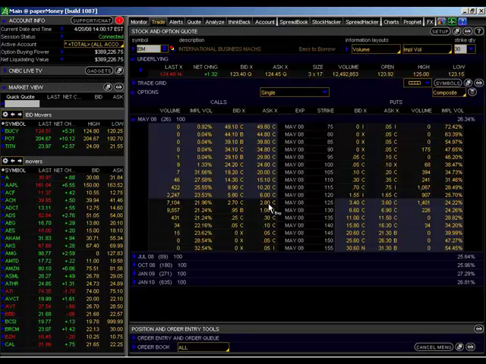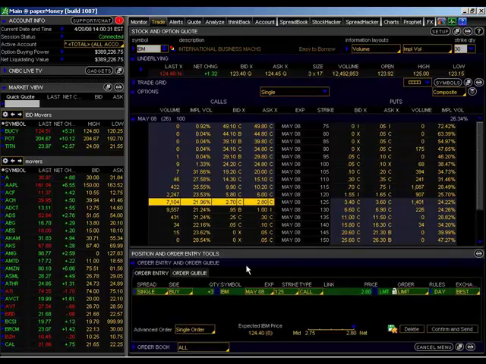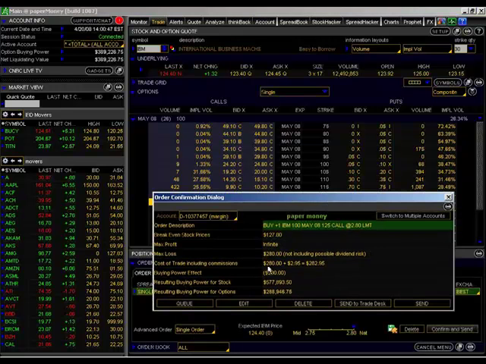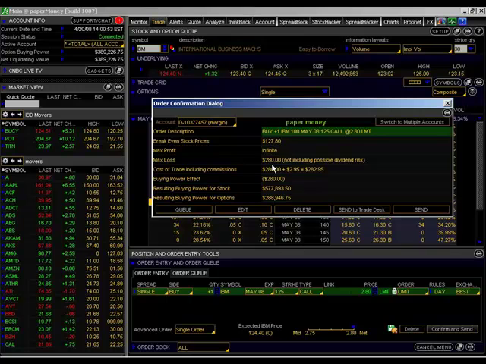However, one contract gives you the right to purchase 100 shares of IBM stock. So if you were to purchase one contract, let's just click on that as a buy, and we'll toggle this down to one contract. One contract of the 125 call option on the May expiration of IBM would cost you $280, because one contract equals 100 shares of IBM.